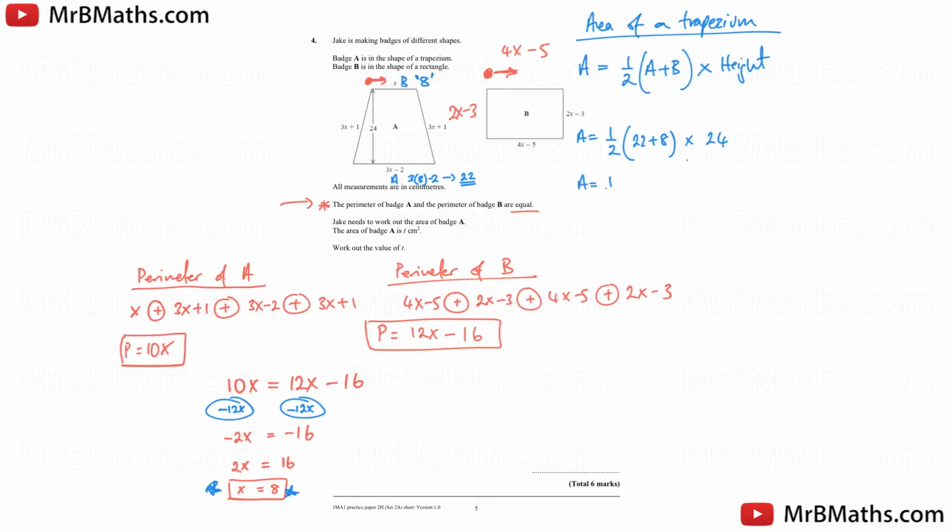Then I'm going to have half of 30 times 24. Now I can put all of this in a calculator or keep going, so I can do 1/2 of 30, which is 15, so 15 times 24. In the calculator, 15 times 24 is 360 centimeters squared.